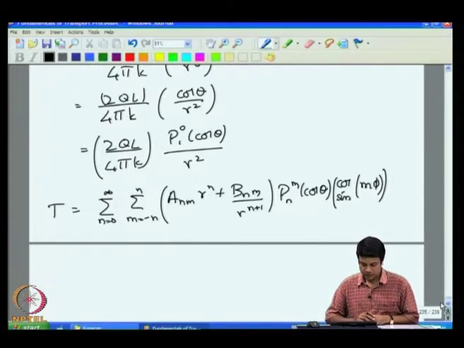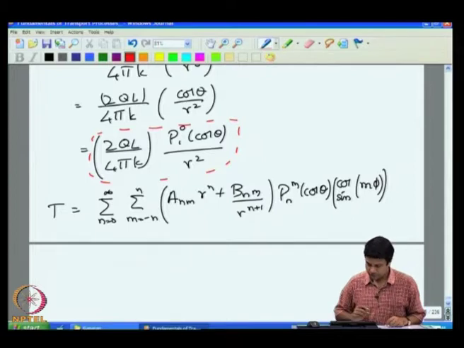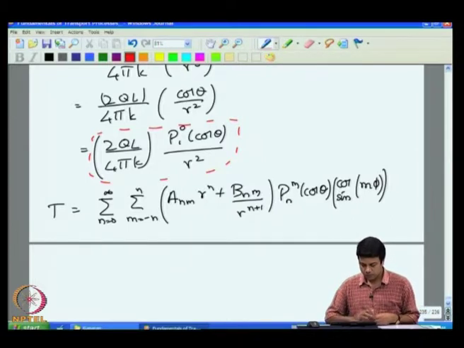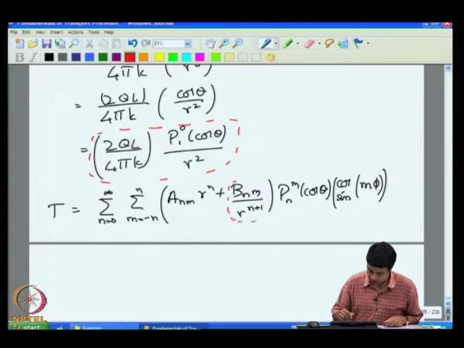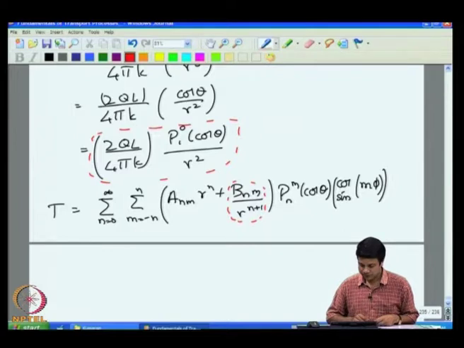You can see that this solution is identical to this solution for n is equal to 1, constant by r square. For n is equal to 1, you will get some constant divided by r square, and for m is equal to 0, you will get P10 of cos theta.